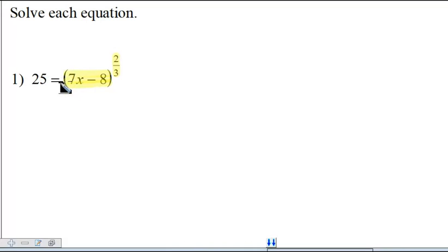There's nothing multiplied, divided, added, or subtracted to this radical. And then we are going to use the reciprocal exponent to get rid of this exponent, to get rid of this radical.